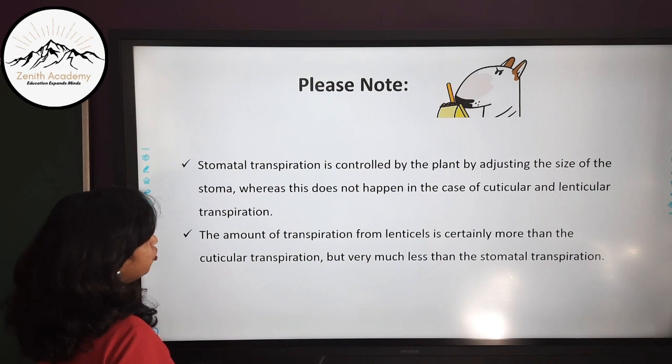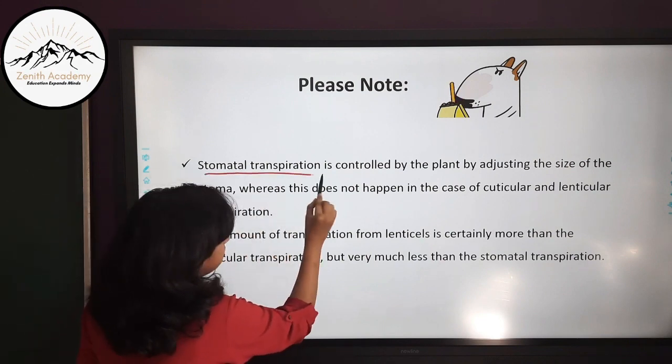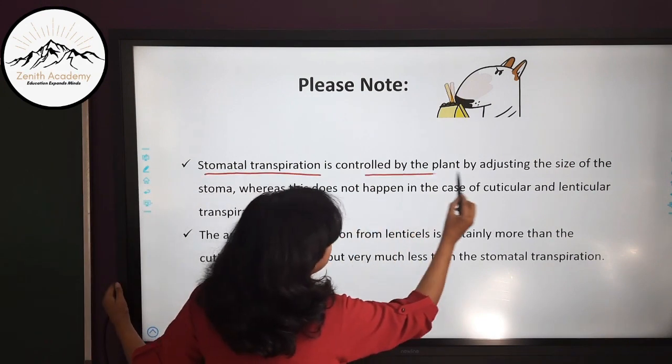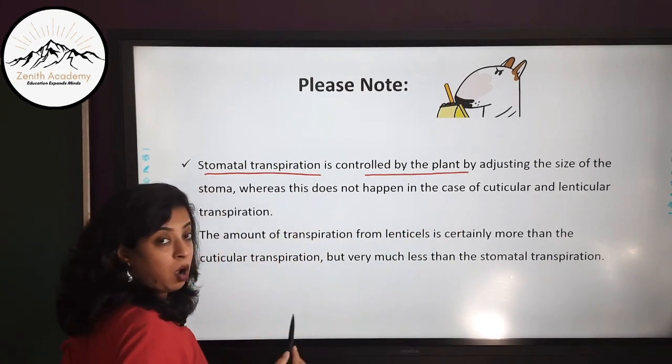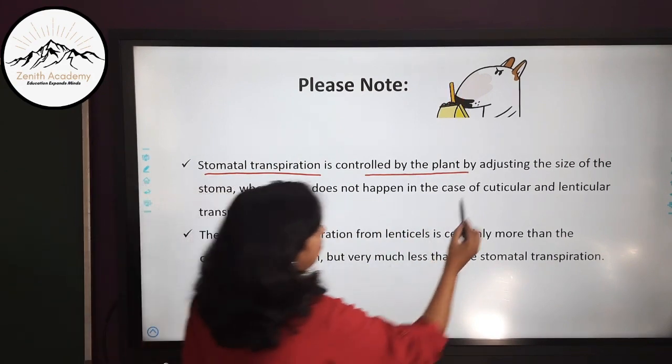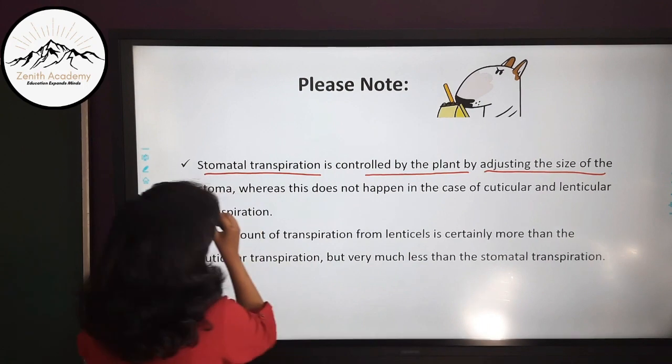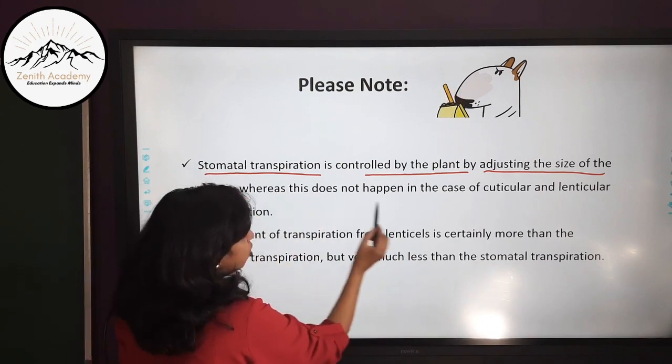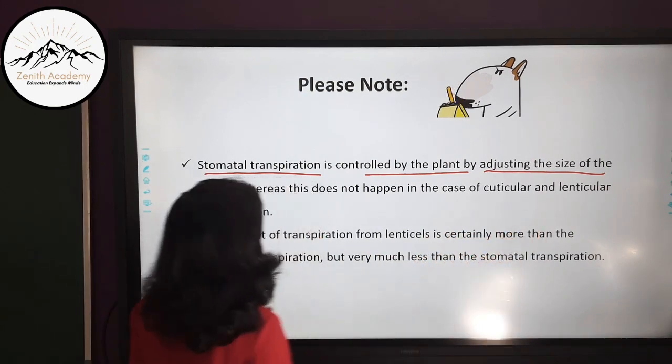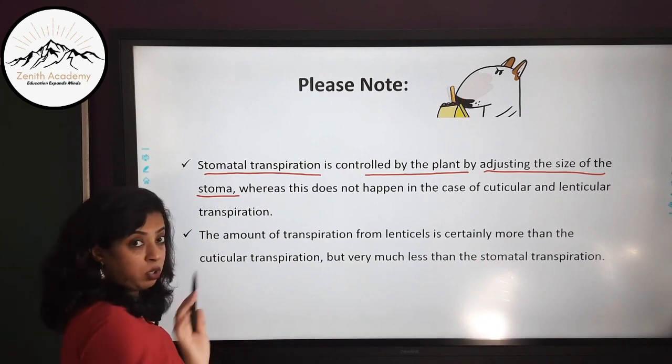Very important things to note here: stomatal transpiration is controlled by the plants. Plants can control how much transpiration will happen, by adjusting the size of the stoma. Whereas this does not happen in the case of cuticular and lenticular transpiration, that is non-controlled.